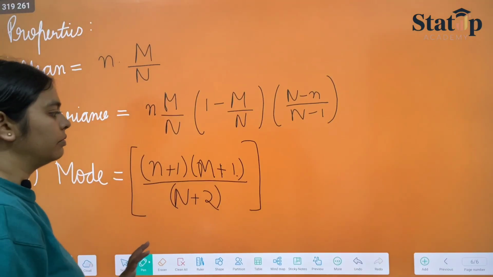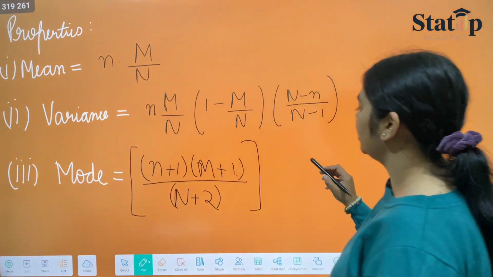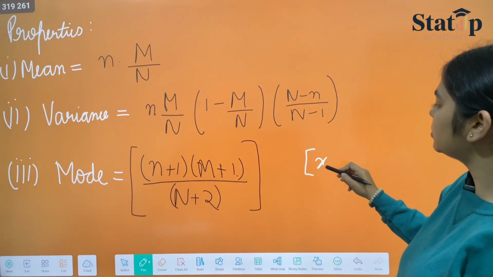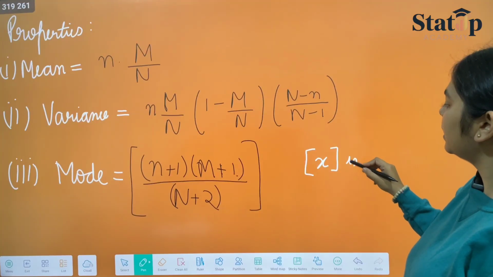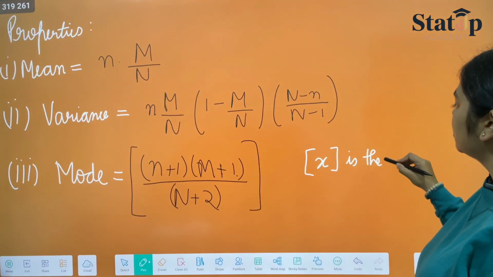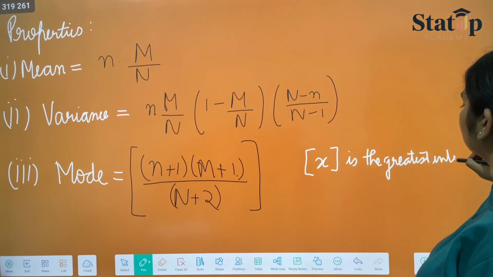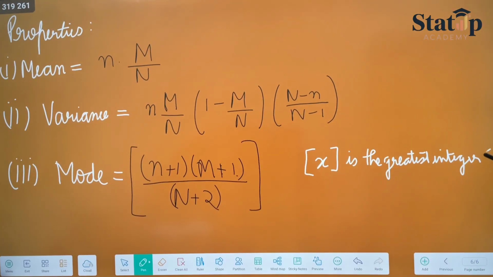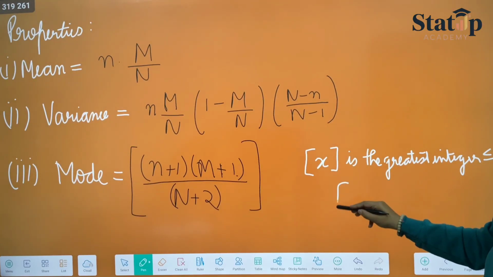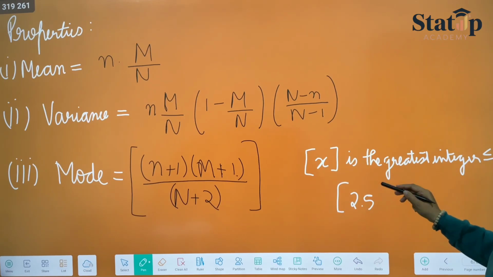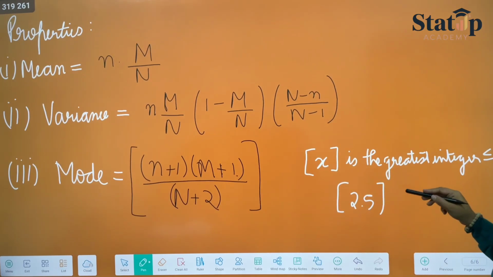If we are talking about the integer bracket, that means it is the greatest integer which is less than or equal to x. If I take 2.5, the greatest integer near 2.5 is 2.